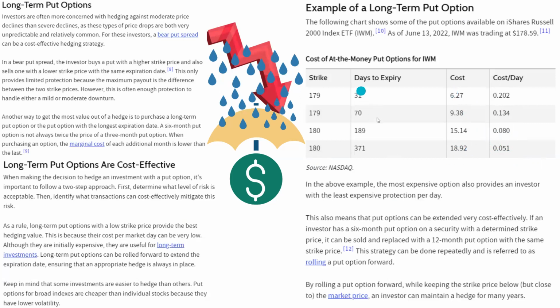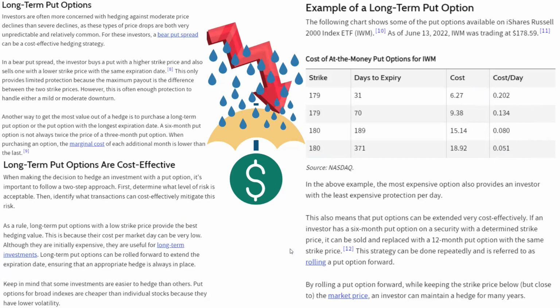But when you take a look at the days to expiration, you're getting over 10 times the amount of days to expiration, and you're reducing the cost by about 75% versus $20 per day. You're actually only paying about $5 a day right here. So in the above example, the most expensive option also provides an investor with the least expensive protection per day. This also means that put options can be extended very cost effectively.